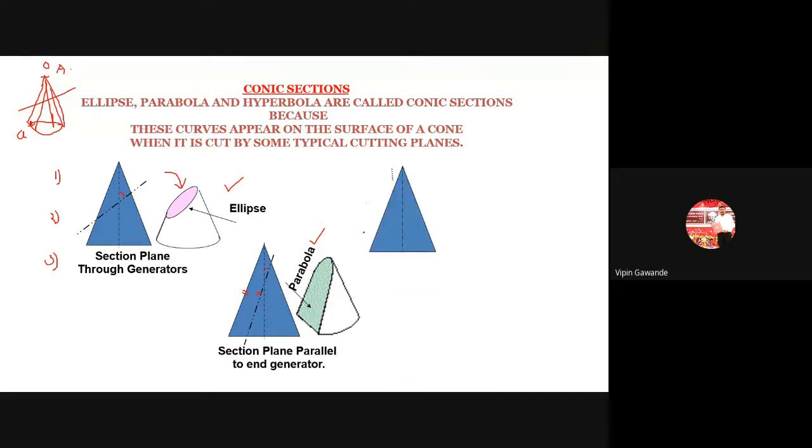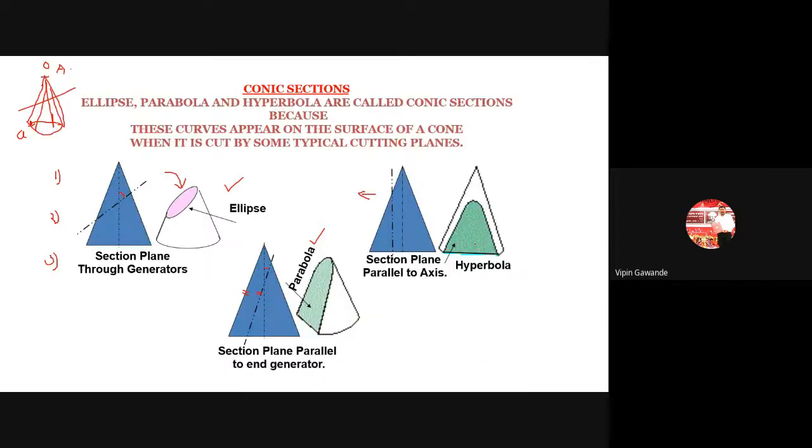Now, when will we get the hyperbola? Here the cutting plane is not inclined. In the case of the hyperbola, the cutting plane is not inclined to the axis, but it is parallel to the axis, and on only one side of the axis. Then we get the rectangular hyperbola.